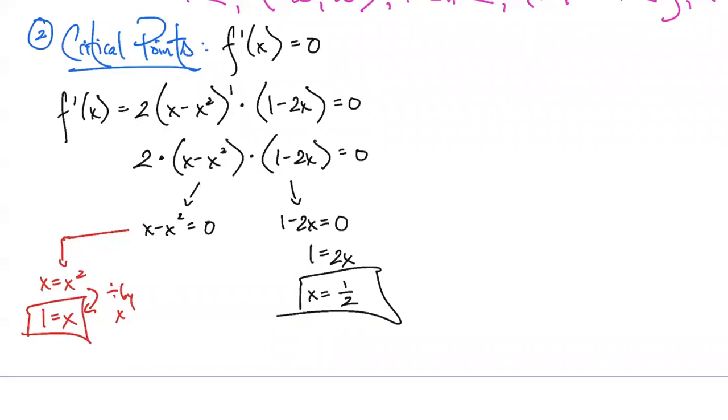When we casually divide by x, oftentimes we lose a solution. Nothing worse than getting a question half right when you could have gotten it fully right. So we don't want to divide by that variable, because as soon as we do, we tend to lose solutions.